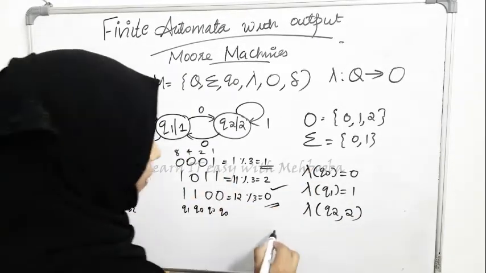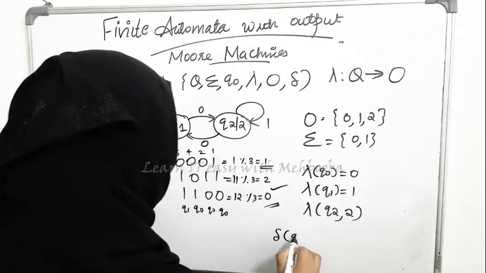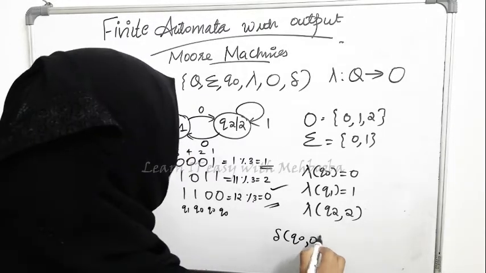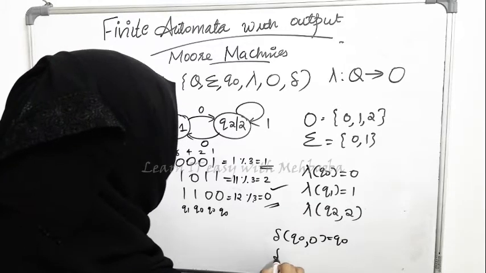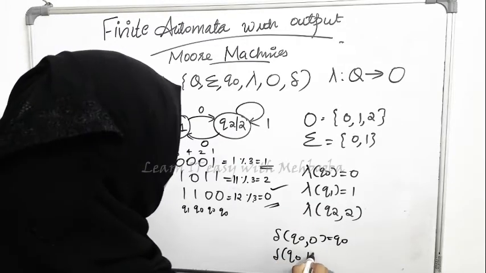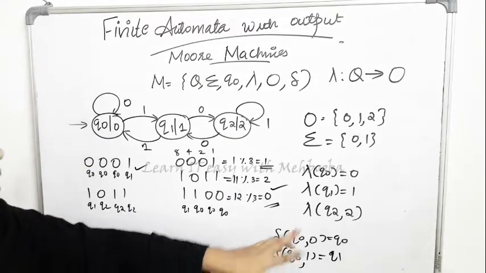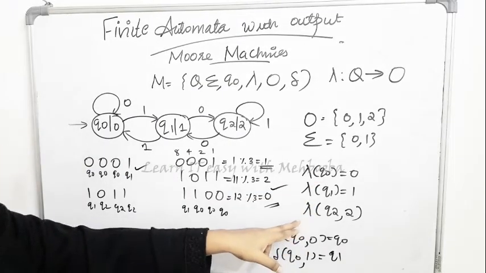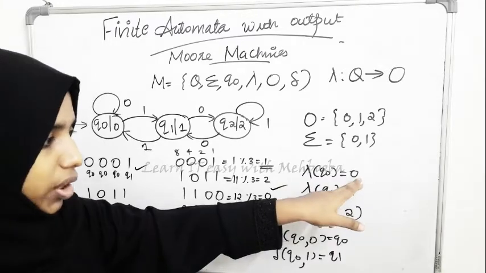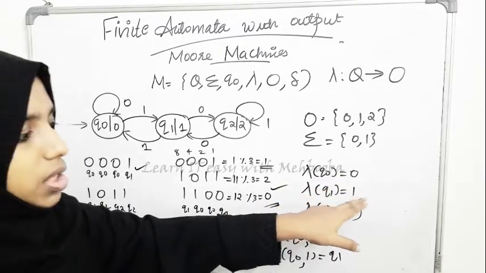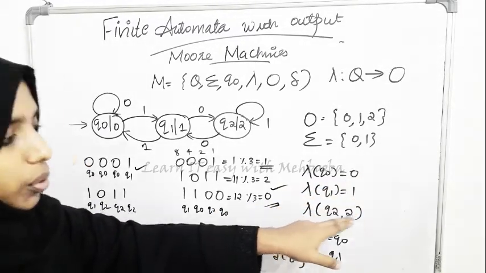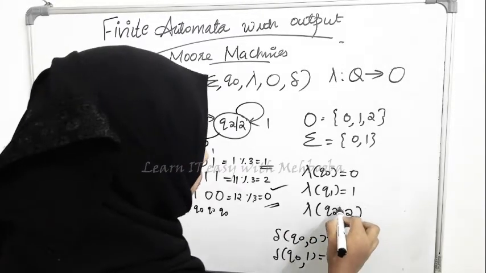And the function delta is as usual, delta of q0 comma 0 is q0 itself, delta of q0 comma 1 is q1. And this is a very normal transition function, but this is how we define the output function. Lambda of q0 is associated with the output 0, lambda of q1 is associated with 1, lambda of q2 is associated with 2.